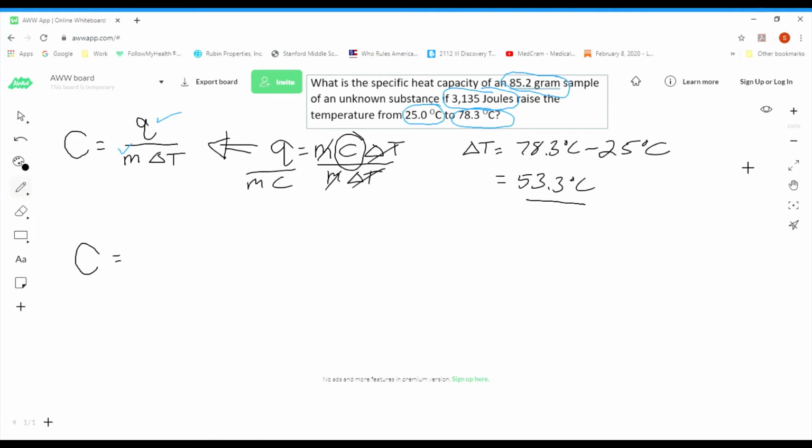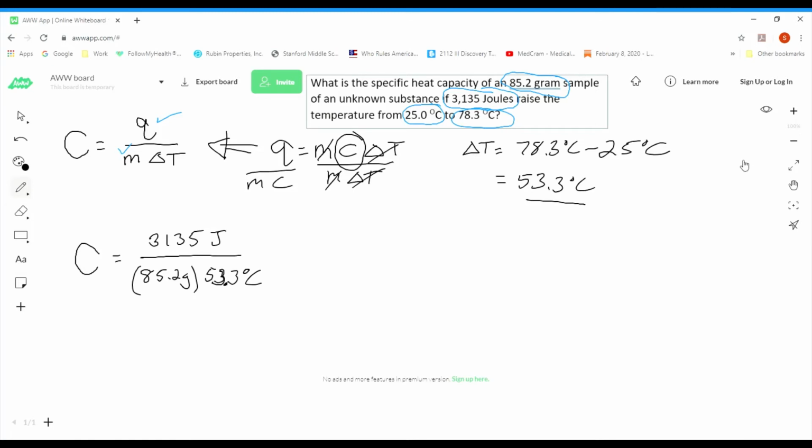Let's see what it is. Our Q is 3,135 joules, divided by M, the mass, 85.2 grams, times the delta T, the temperature change, 53.3 degrees Celsius.